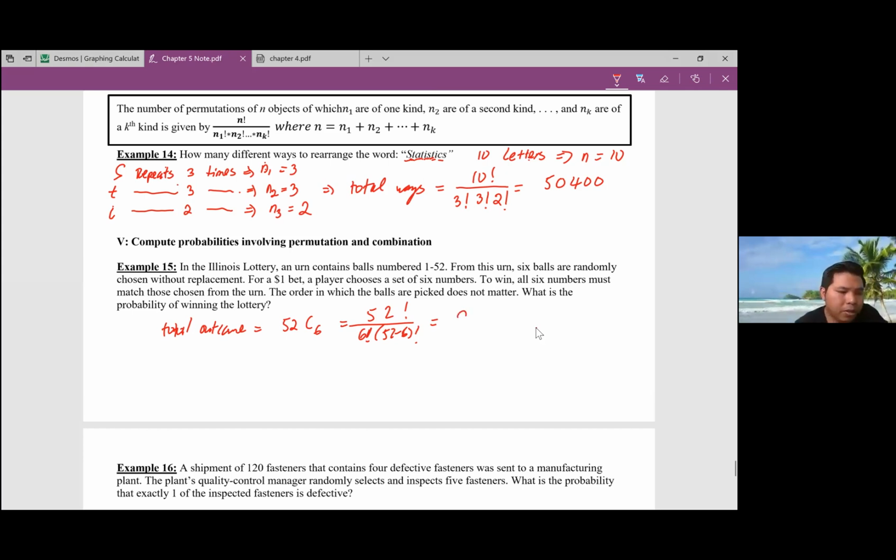All right, so we get 20,358,520. So we look at the probability of winning. You have one correct ticket out of that many.